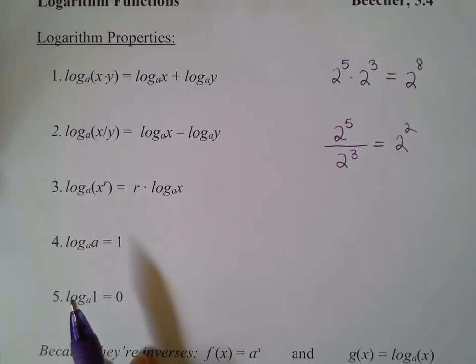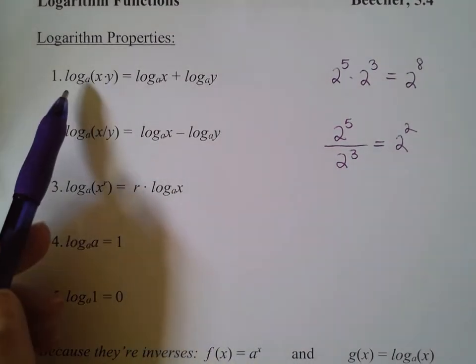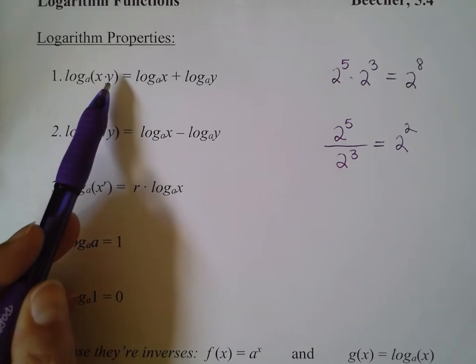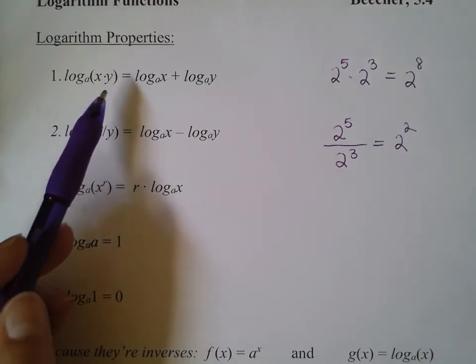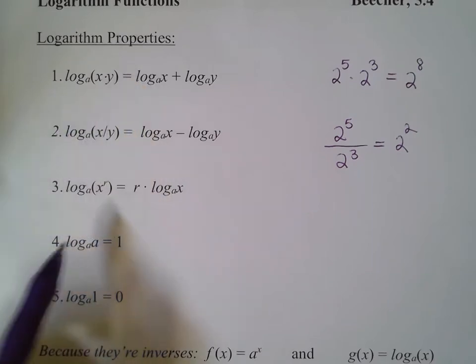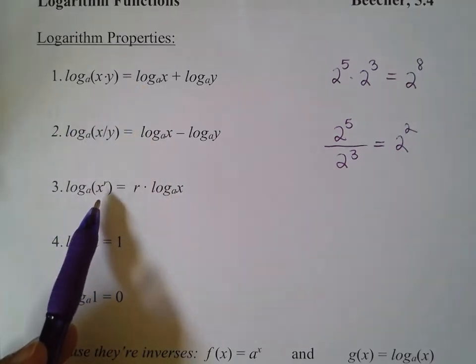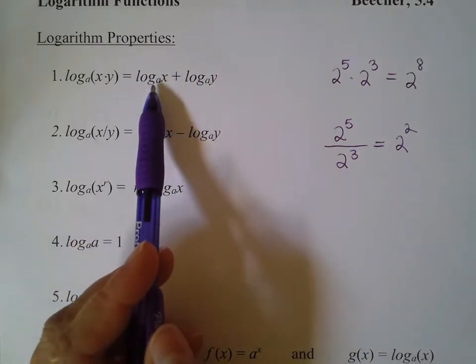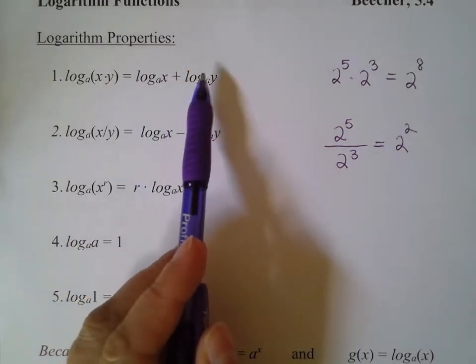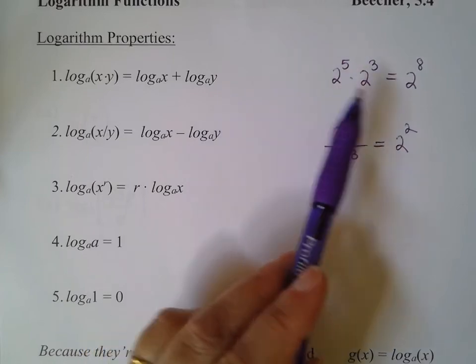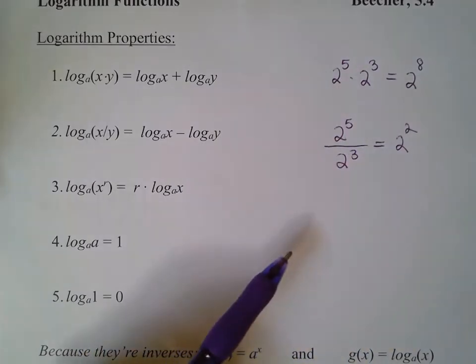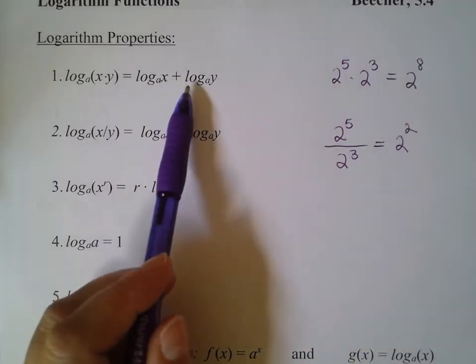The third one is a lot like number 1. If I didn't have a y, if I had x times x, or any number of x's multiplied together, like x to a power, then I would have log base a of x plus log base a of x plus log base a of x, however many x's I had. This is like repeated addition.